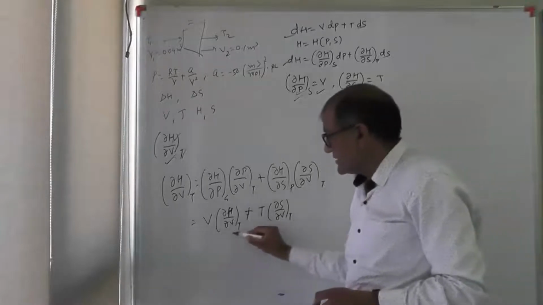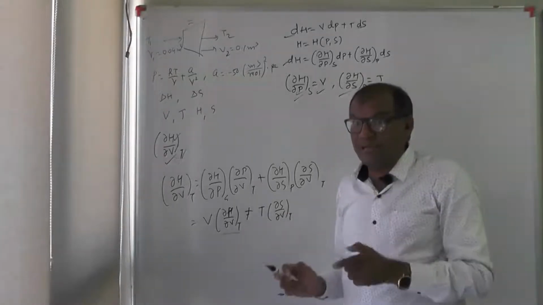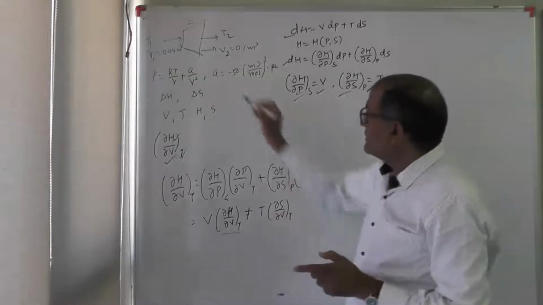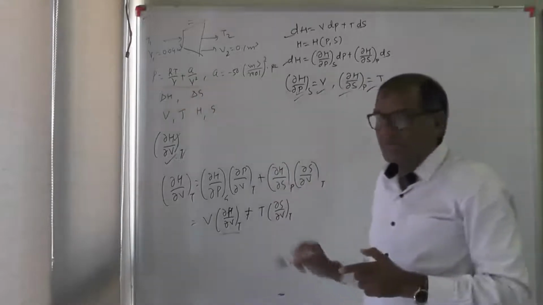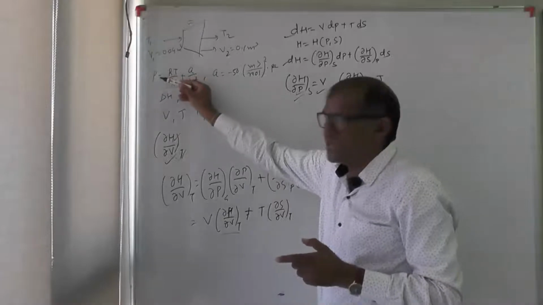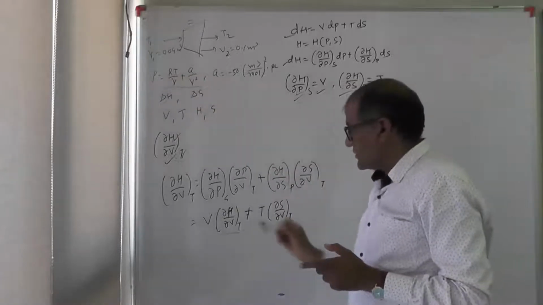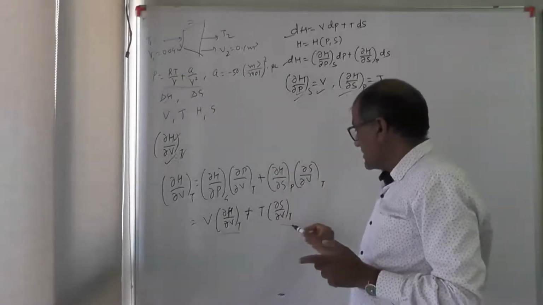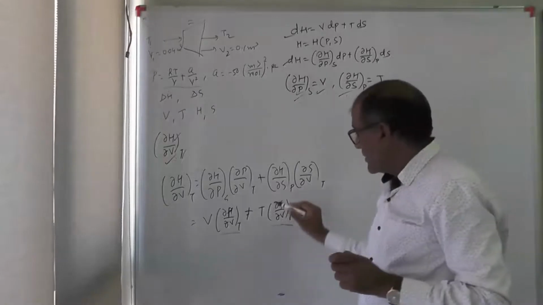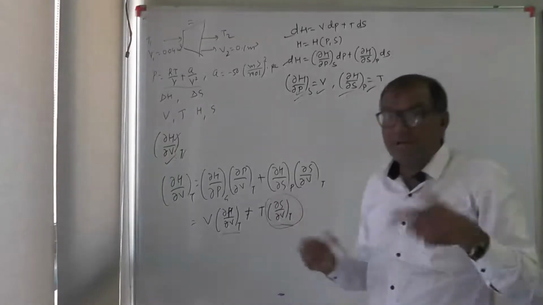I can consider del P over del V at constant temperature as measurable because I know the equation of state. I can take the differentiation of this equation at constant temperature. But del S over del V is not measurable. Do you remember Maxwell relations?